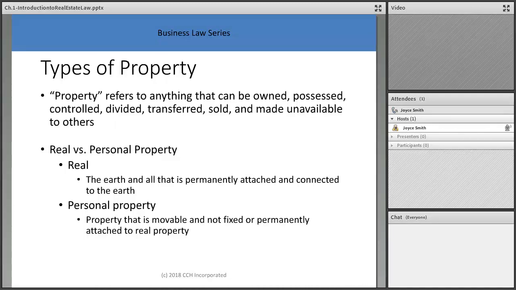And this is where we may see disputes when we're buying real estate. Personal property is movable and not affixed or permanently attached to real estate. And there is some personal property that can become real property by how it's attached or by how it's designed. It's specifically designed for that particular window or something like that, which can make personal property become part of the real property.